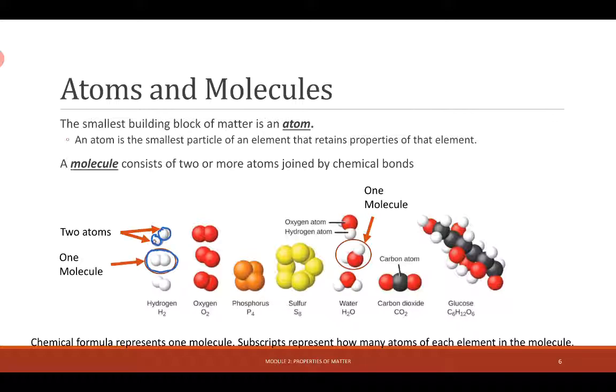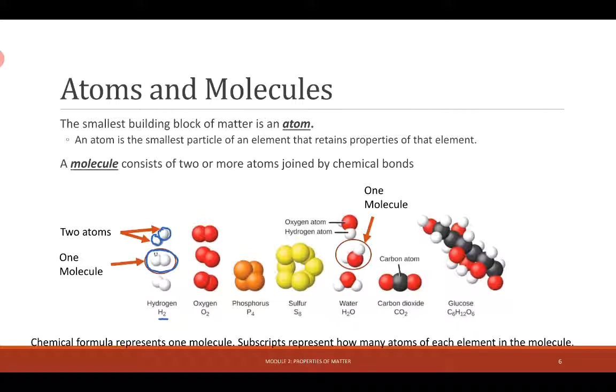Since both atoms are white, that represents hydrogen atoms. So hydrogen's represented by white. We would say that this molecule has a chemical formula of H2 because each molecule consists of two hydrogen atoms. That's a little subscript 2 down on the right side of the chemical symbol.